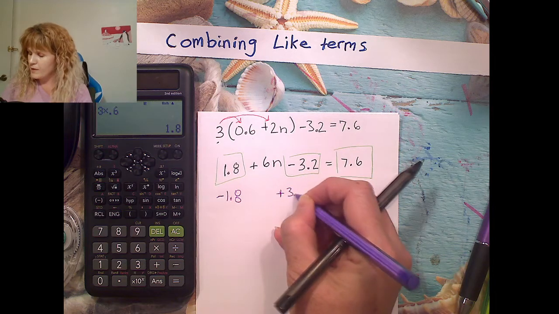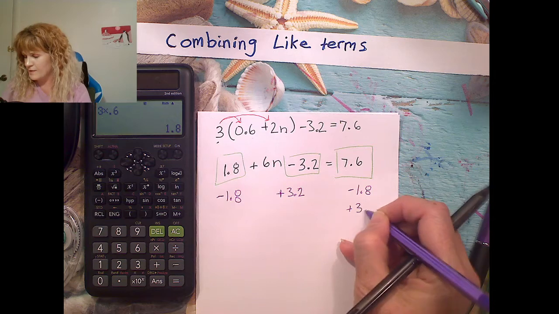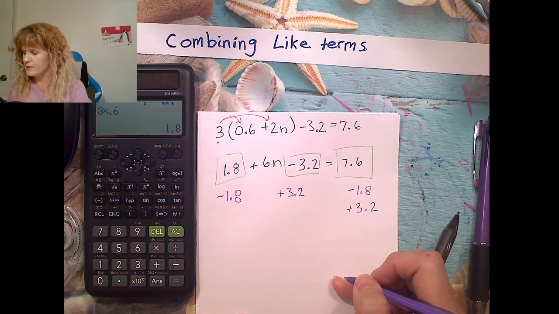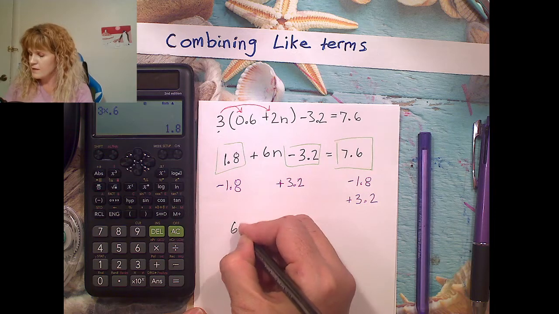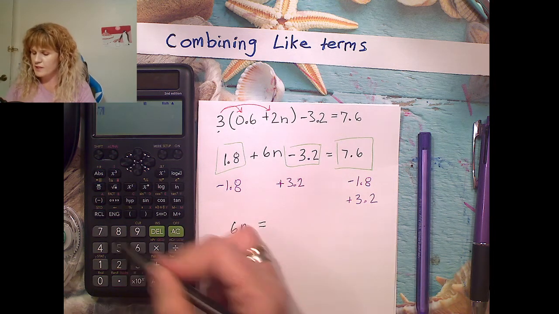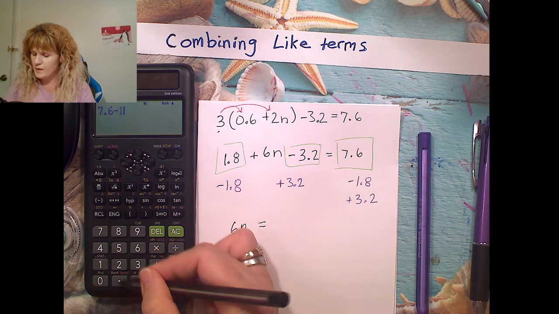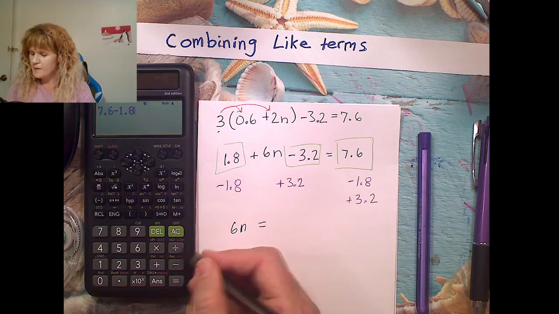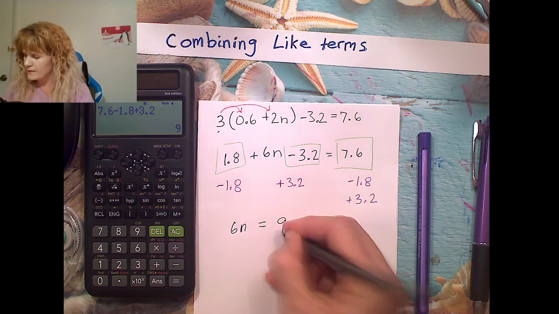Add 3.2 on the left side of the equation, so I must do the same thing, add 3.2 on the right side of the equation. And I'm left with 6n equals, and I'll cheat and use my calculator, 7.6 minus 1.8 plus 3.2, I get 9.